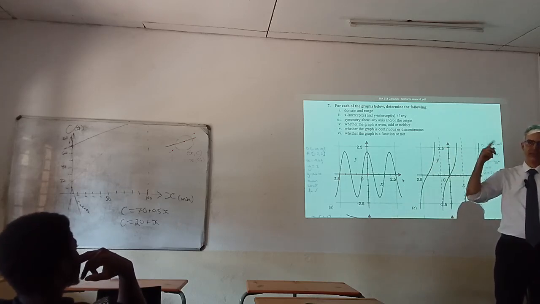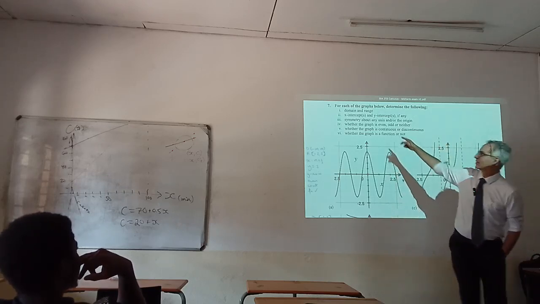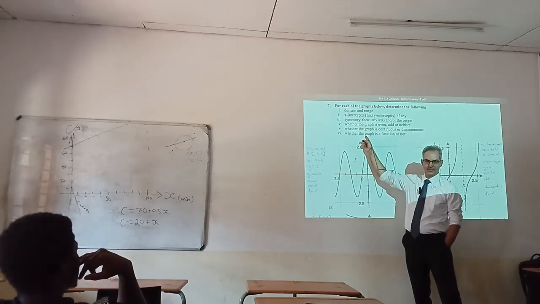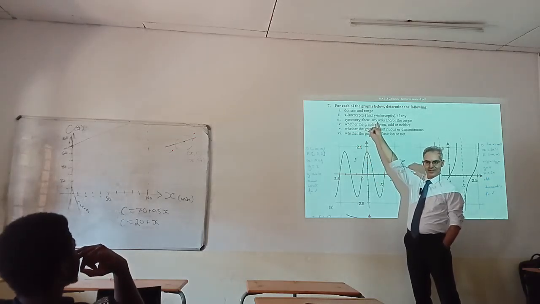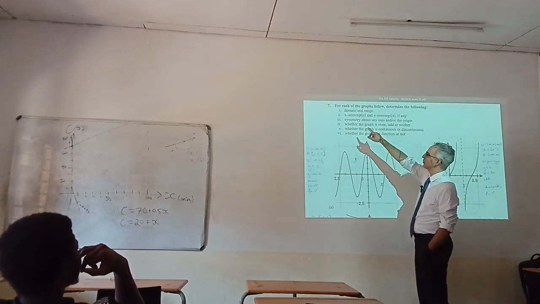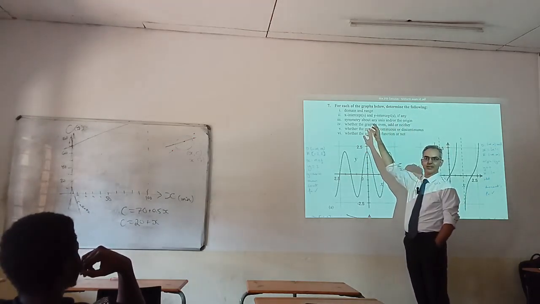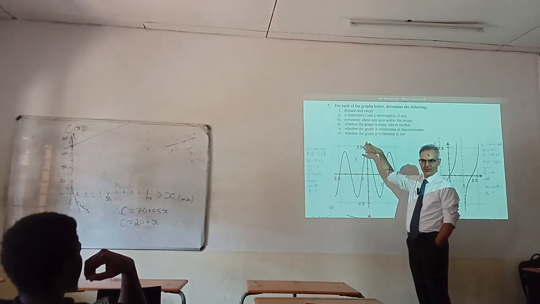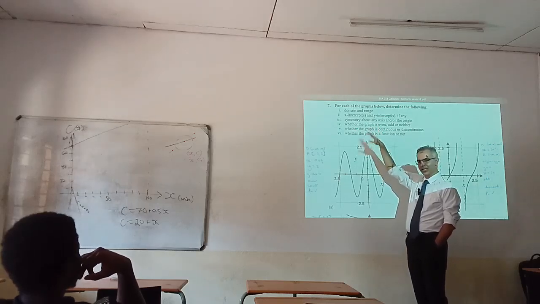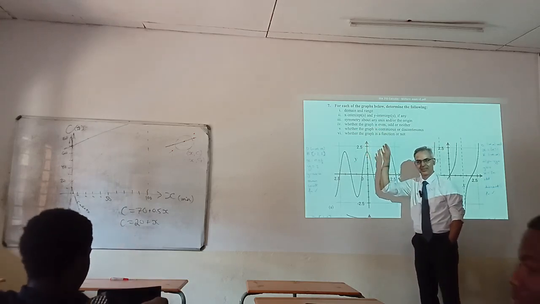Remember? If it is a function, then do all of this. But what does this say? It says, for each of the graphs below, determine the following. It doesn't say, if it's a function, determine the following. It says, for each of them, determine the following.